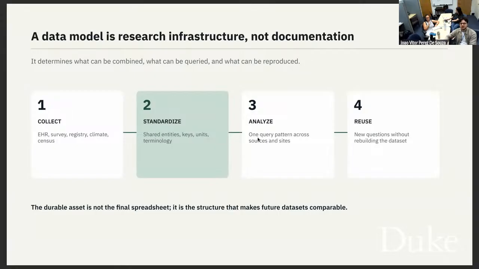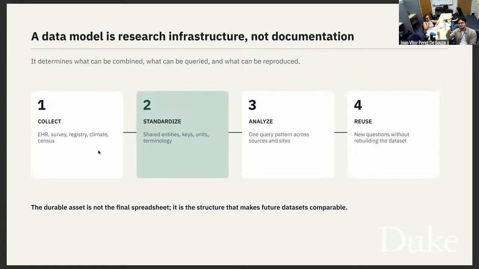So first of all, a data model is an infrastructure. It's not a documentation. So it's not the same as a data dictionary. I'm going to show the discrepancy later. So you start by collecting your data, either from an EHR, from a survey, from a registry, from a census, from a population, from the climate, or whatever source.